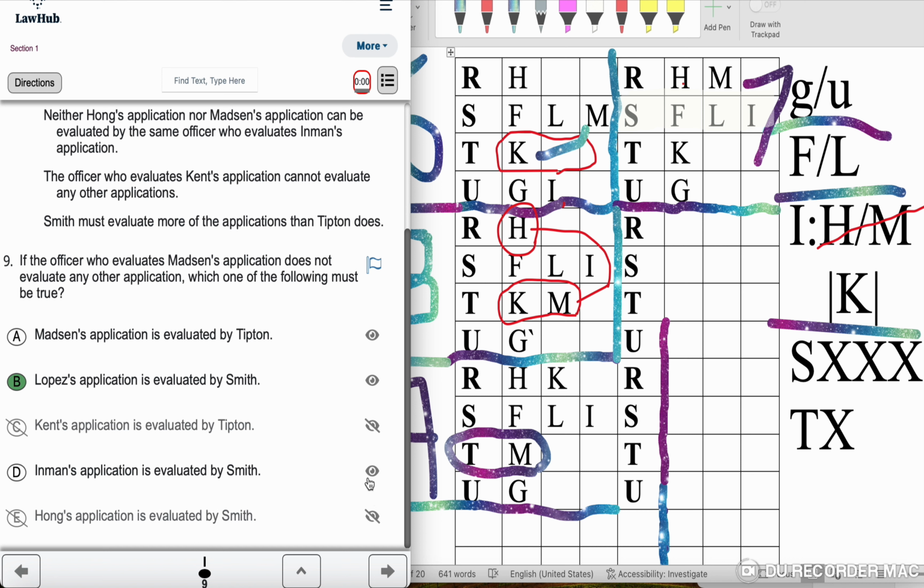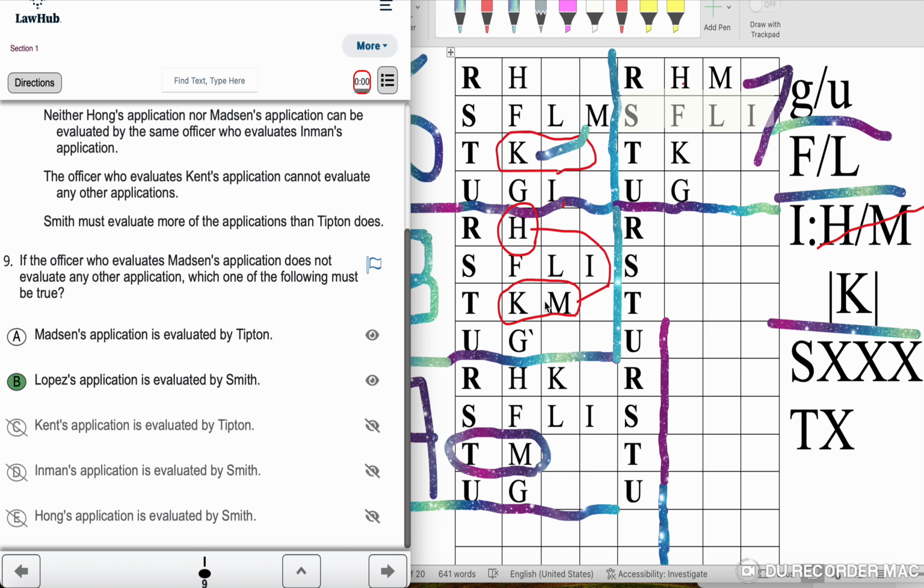Okay, so let's see for the I evaluated by Smith. That's not true for this one if we would have flipped it. So let's get rid of that. So we're left with two choices: F evaluated by Smith, M evaluated by T. Yeah, that would be true. L evaluated by Smith would also be true.